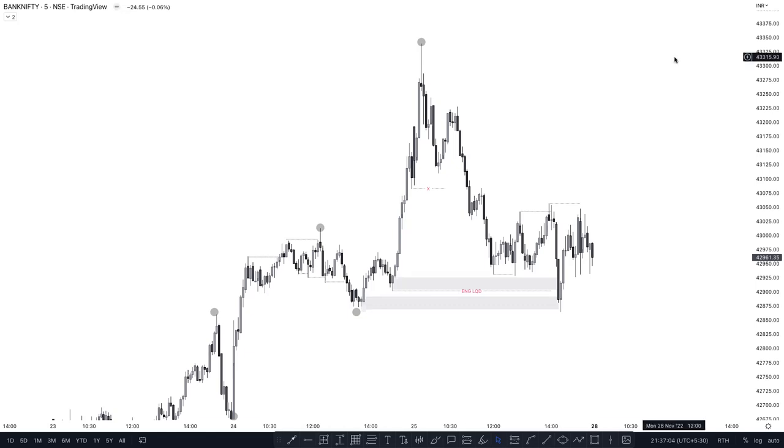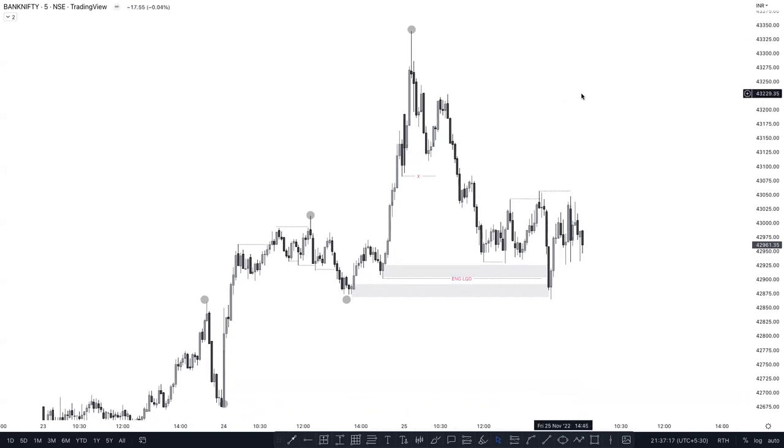Okay, everyone, so start with any pair, GBP JPY, Euro JPY.